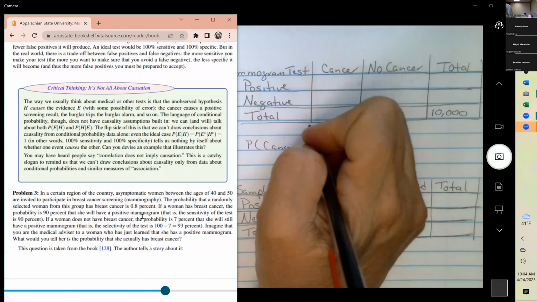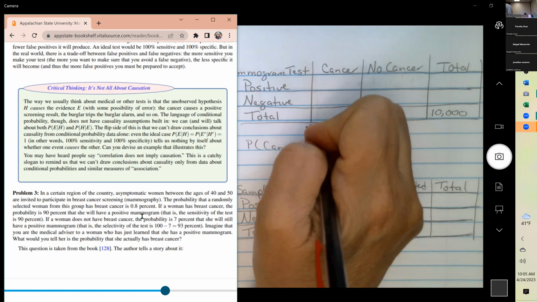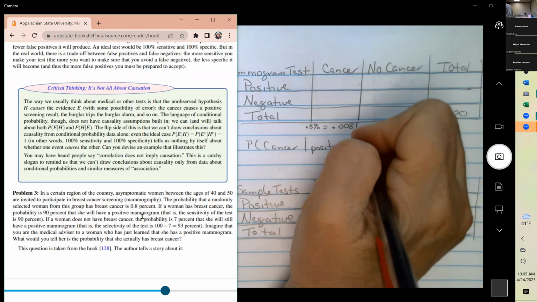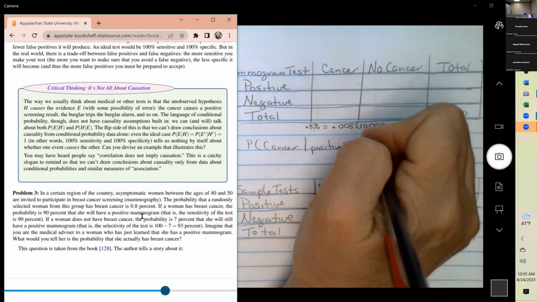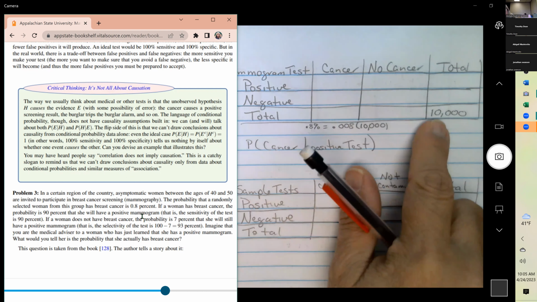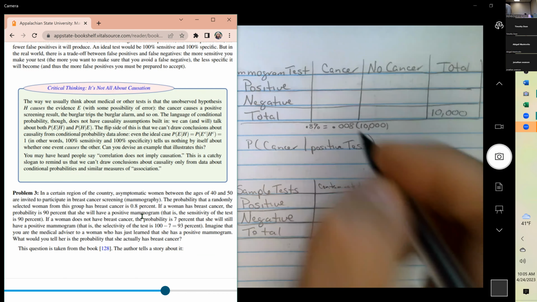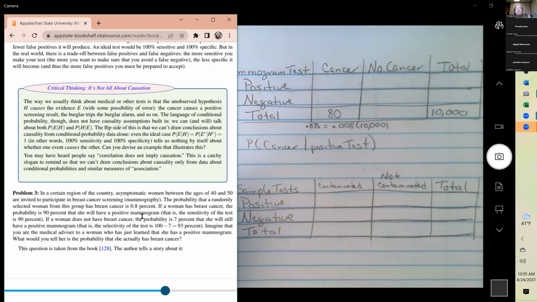Now 0.8% written as a decimal, 0.008 times the 10,000, because it's 0.8% of the 10,000 have cancer. 80. Any questions on that? So from the selected women in the group, 0.8% have breast cancer.